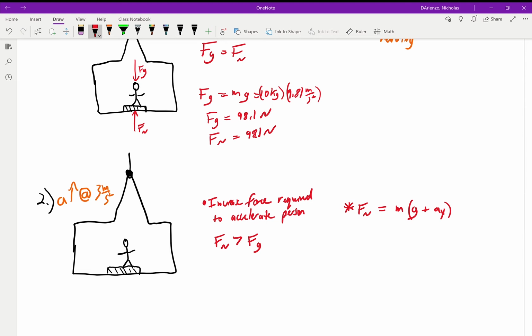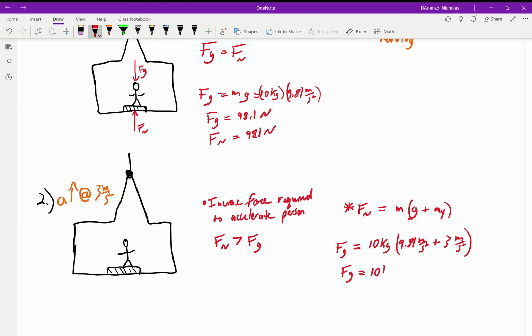So if we were to try and find the weight of the person as we accelerate upwards, we'd have the same 10 kilogram person multiplied times the acceleration due to gravity plus our acceleration upwards. This gives us a new weight.